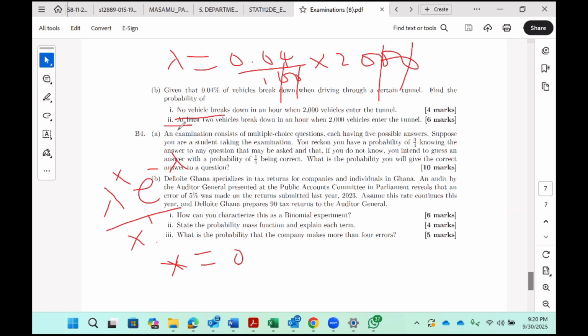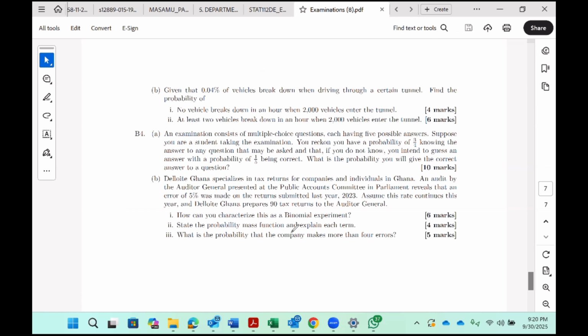Then we also look at B4, which says that an examination consists of multiple choice questions, each having 5 possible answers. Suppose you are a student taking the examination. You reckon you have a probability of 3/4 of knowing the answer to any question that may be asked.